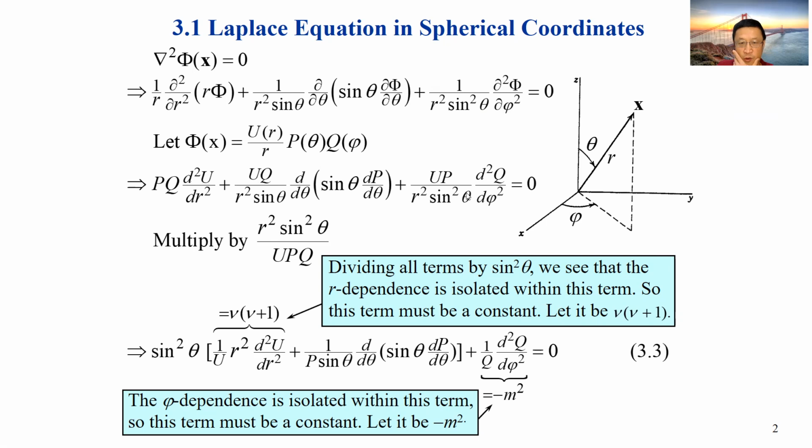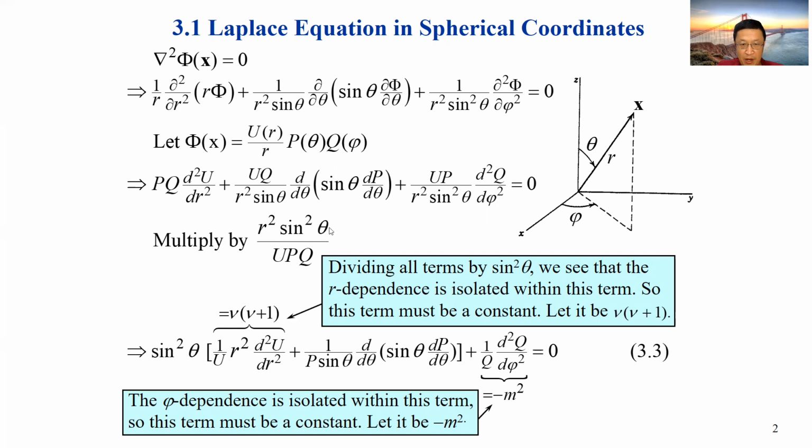So what else? We still have two terms. We will multiply by r squared sine theta squared because of this one, and divide by upq. By doing so, we can rewrite this equation into this form.